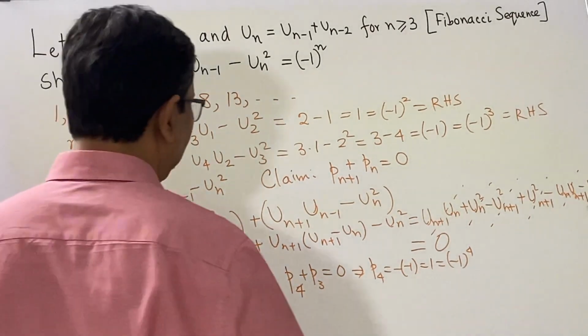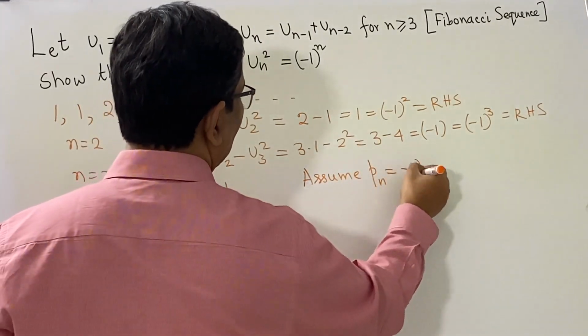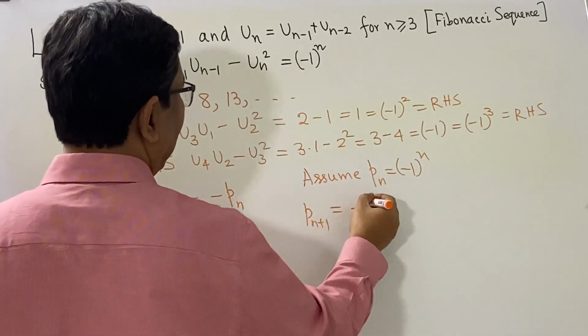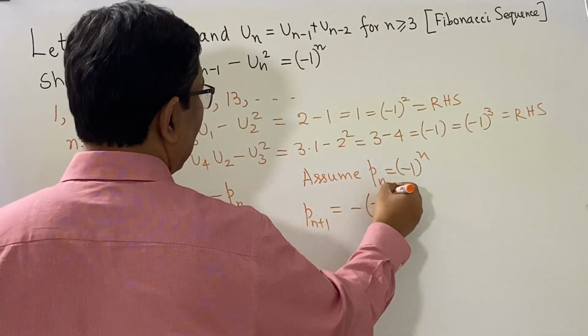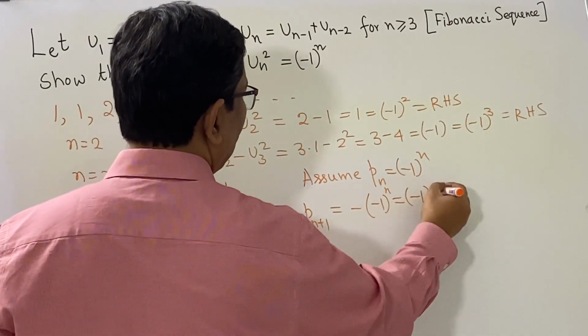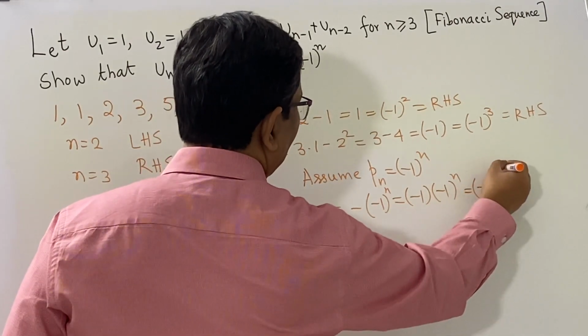So assume P_n is equal to (-1) to the power n. Then P_{n+1} is minus of (-1) to the power n, which is minus 1 into (-1) to the power n, which is (-1) to the power n plus 1.